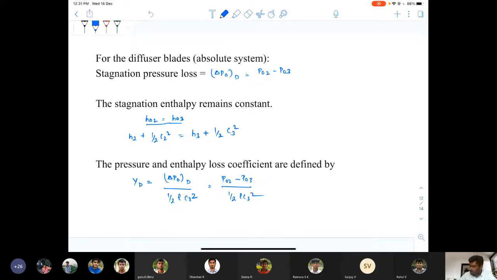This is the pressure loss coefficient. Again, the enthalpy loss coefficient for the diffuser is defined as H3 minus H3s divided by 1 by 2 C2 square, which is equal to 2 into Cp times T3 minus T3s divided by C2 square. Therefore, this equation is for the pressure loss coefficient and this equation is for the enthalpy loss coefficient.